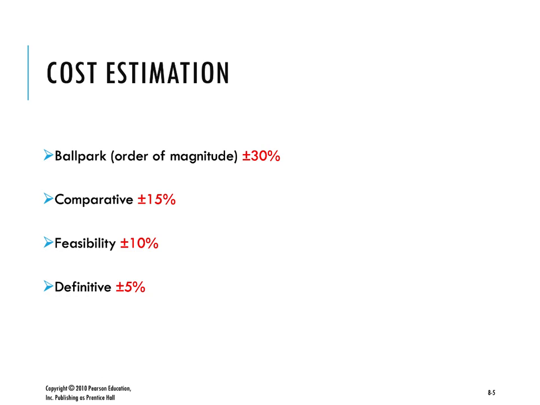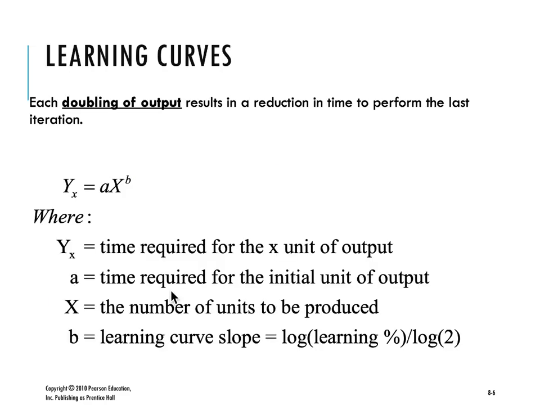So how do we calculate it? If you look at the formula here, they mention doubling of output results in a reduction in time to perform the last iteration.